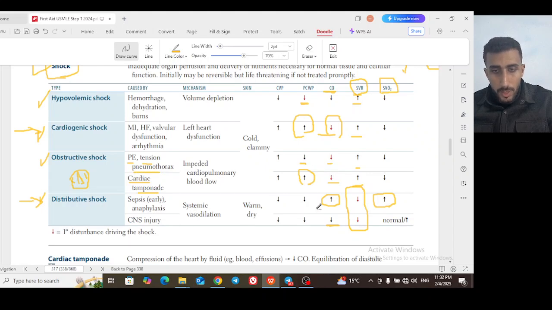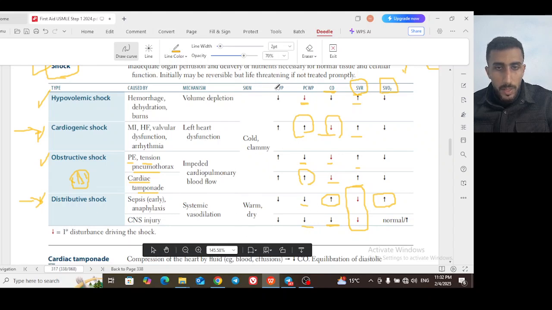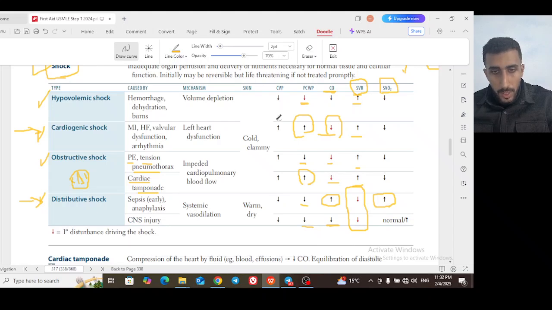For the distributive shock, as in hypovolemic shock, we will have a decrease in the pulmonary capillary wedge pressure due to vasodilation. So the CVP just follows the pulmonary capillary wedge pressure, so it is the same. A decreased pulmonary capillary wedge pressure means a decrease in the CVP, and an increase in the pulmonary capillary wedge pressure means an increase in the CVP.